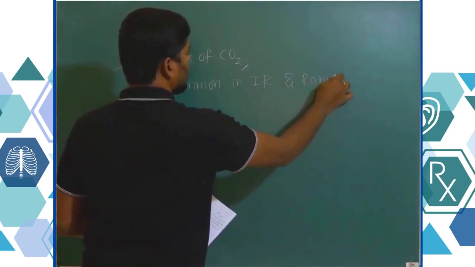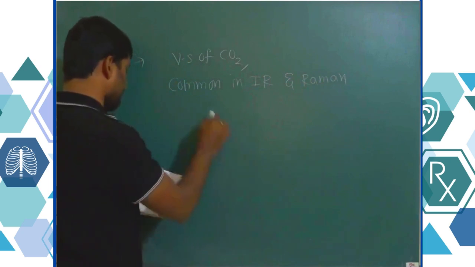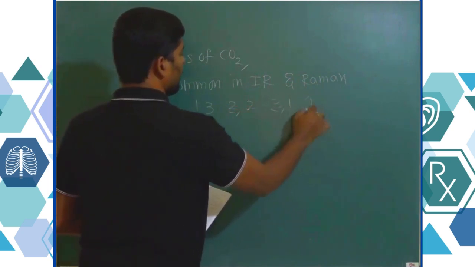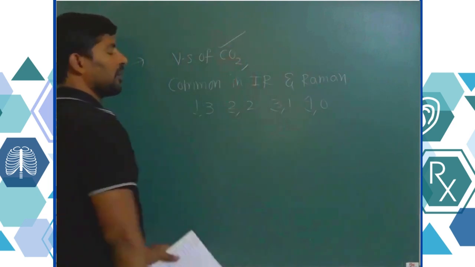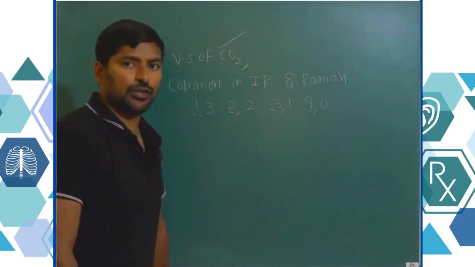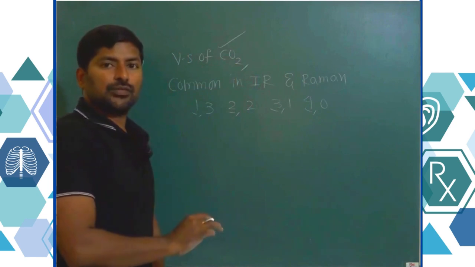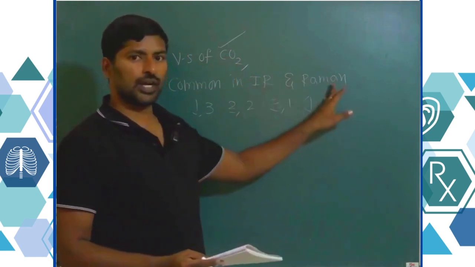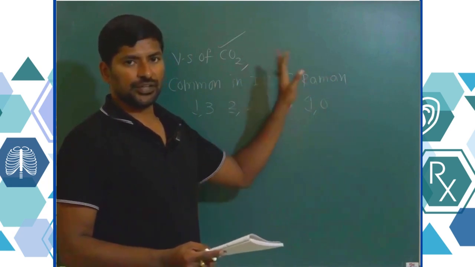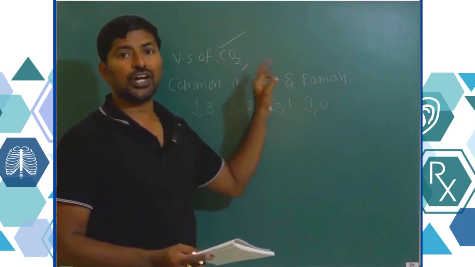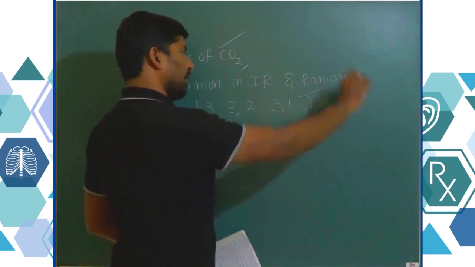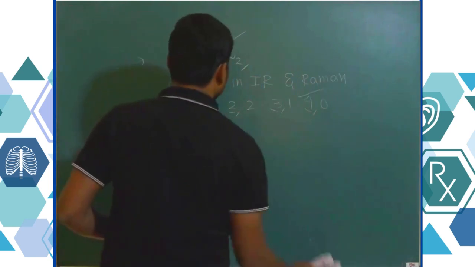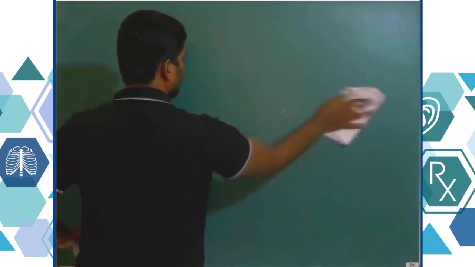Options given: 3, 2, 1, 0. We know CO2 is an example of a centrosymmetric molecule. For centrosymmetric molecules, according to the rule of mutual exclusion, IR active vibrations are Raman inactive and IR inactive vibrations are Raman active. So no common lines are present in IR and Raman. The number of common lines is 0.